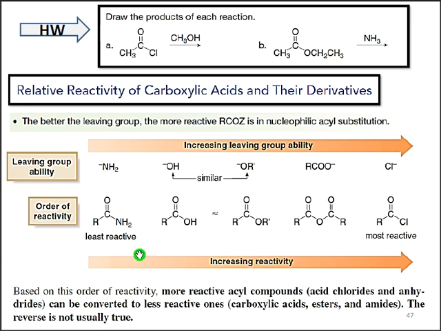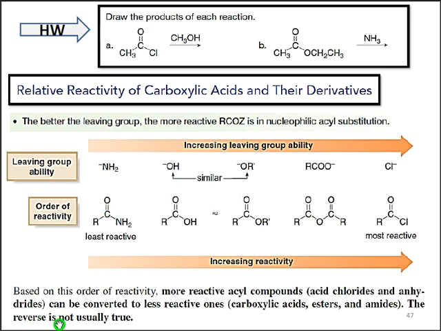Then he said here, based on the order of reactivity, look, the more reactive acyl compounds, the acid chloride and the anhydride, both of these can be converted to a less reactive one. That means if you have an acid chloride or anhydride, it can be converted to the ester or carboxylic acid or the amide.